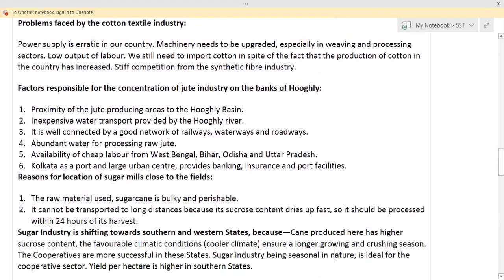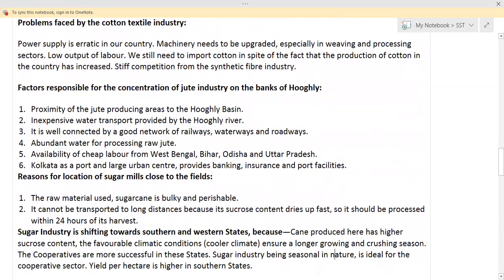Problems faced by cotton textile industries. Let's see: power supply is erratic in our country. Machinery needs to be upgraded, especially in the weaving sector. Low output of labor.